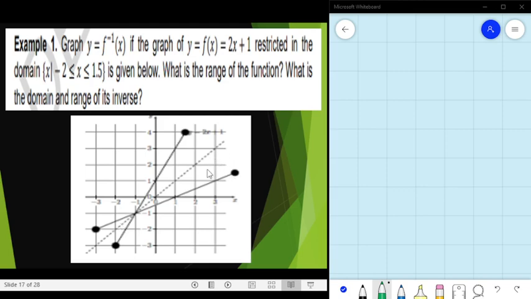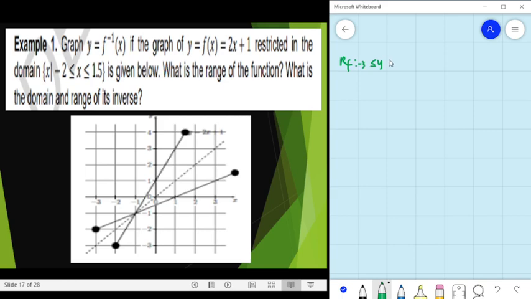In this case, the range of f is from negative 3 to 4, so y is greater than or equal to negative 3 but less than or equal to 4.